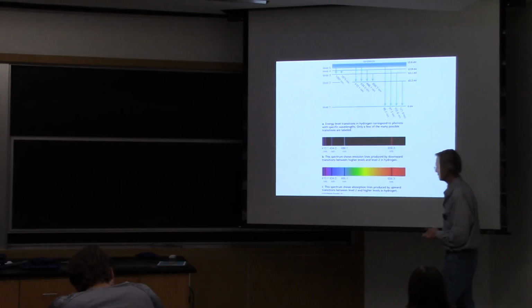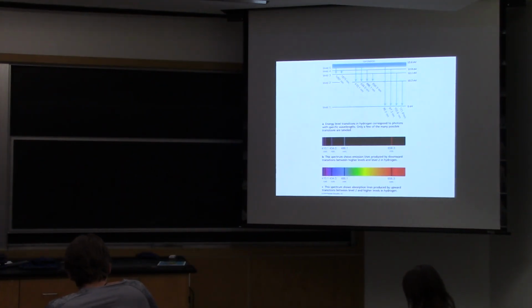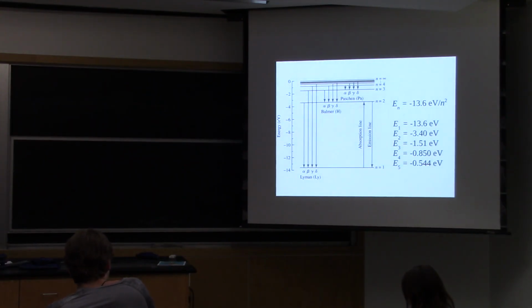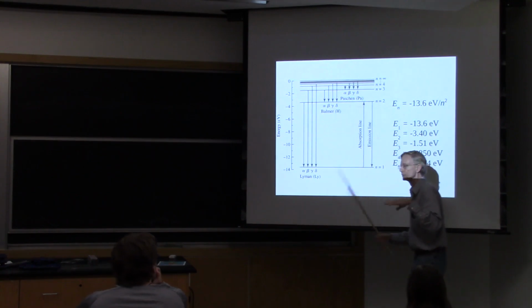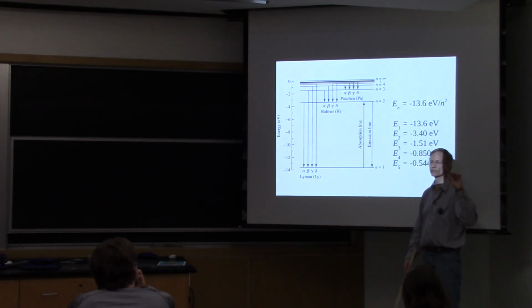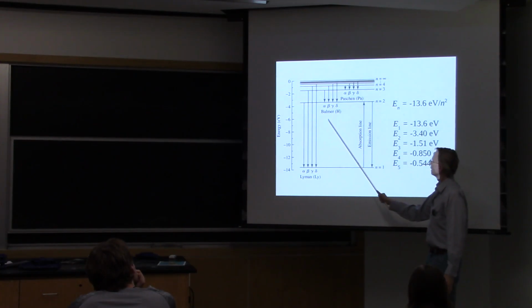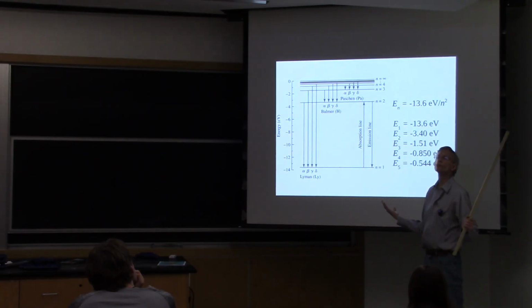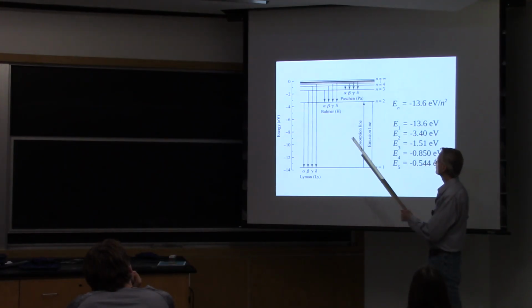The next series, and know this, it's so important, it shows up all the time, is transitions to and from n equals 2, but no lower. In other words, the series is based on the lower of the two levels. So the Balmer series are transitions to and from n equals 2, named after a high school teacher, Balmer, and he's the one that found the empirical formula for their wavelengths that then Bohr was able to reproduce with this Bohr model.